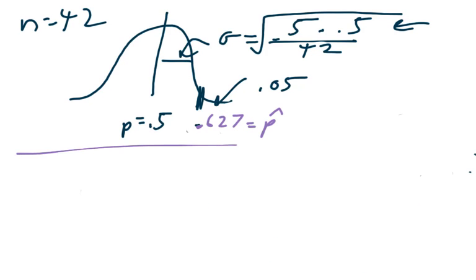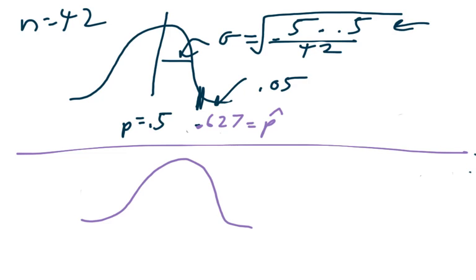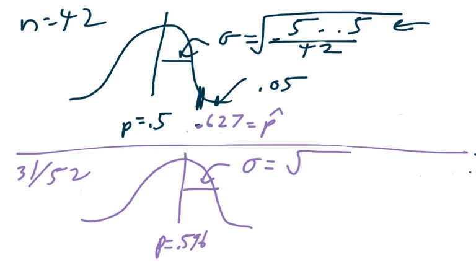So when we draw this again, the actual card mean was 0.596. Remember when we did that, we got the 31 out of the 52 because we actually counted the cards. And sigma is the square root of 0.592 times 1 minus 0.592 divided by 42.